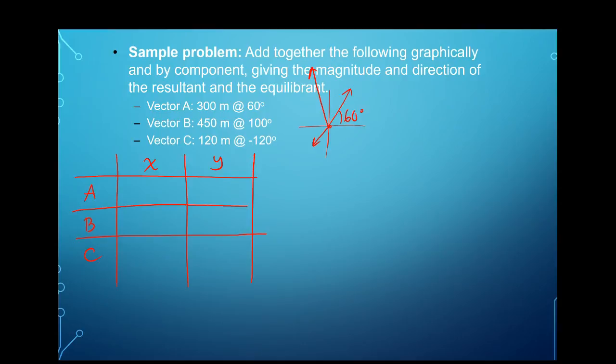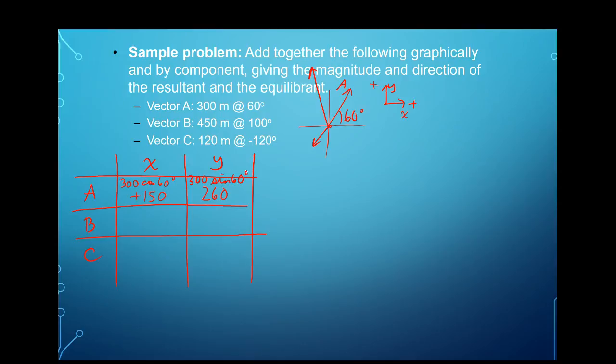Okay, and actually, if we think about it, the negative 120 will be going diametrically opposite to the 60. So then we think about components. Vector A is going to have a positive x component. It'll be 300 cosine of 60, which gives us positive 150. We usually say that up is positive and to the right is positive, the traditional xy axes. And for y, we will get about 260 by doing 300 sine of 60 degrees.